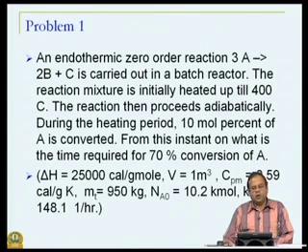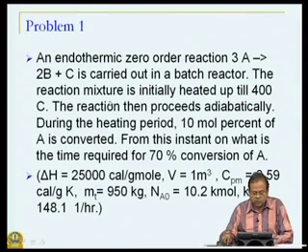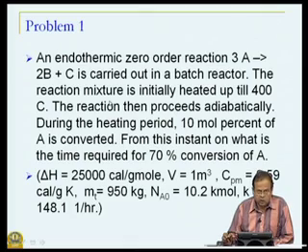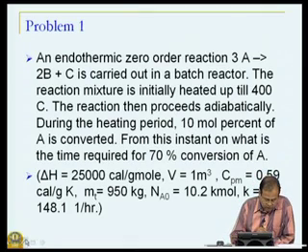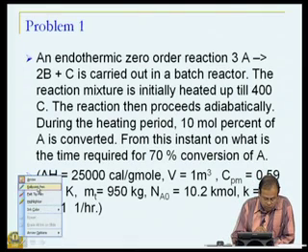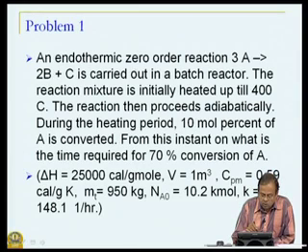During this heating period, 10 mole percentage of A is converted, and from this instant onwards, what is the time that is required to obtain 74% conversion of A, and then there is some data that is given. So, let us try to look at what is the important information that is given.